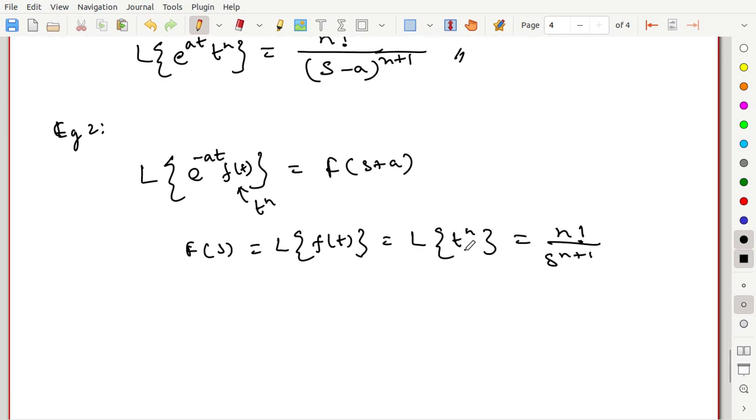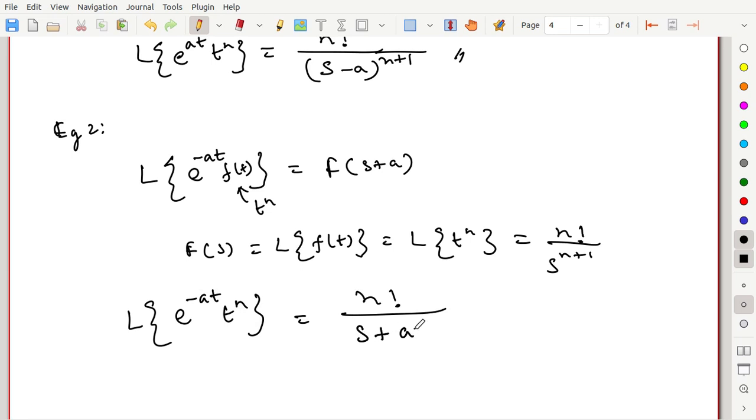Then by using the first shift theorem, L of e power minus at t power n is n factorial divided by s plus a whole power n plus 1, since we have a minus here.